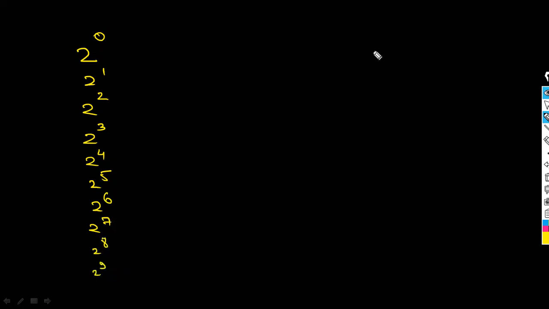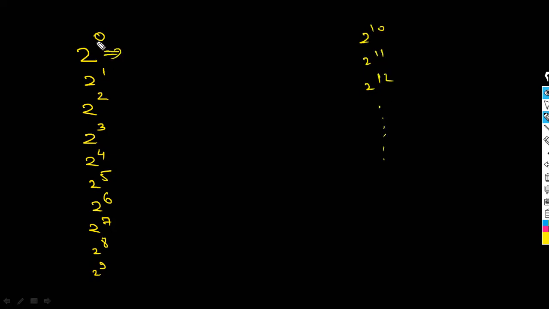So generally in networking, we memorize these values. If I start with 0, 1, 2, 3, 4, 5, 6, 7, 8, 9, or maybe 10, 11, 12, and so on.